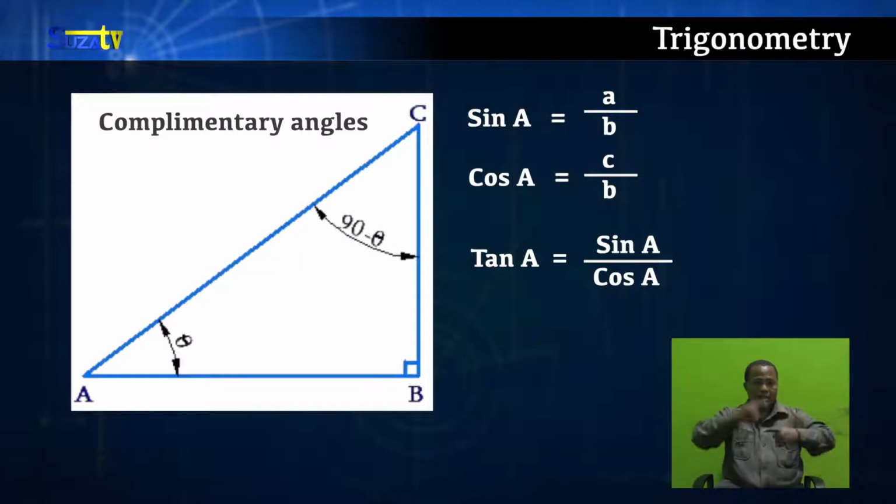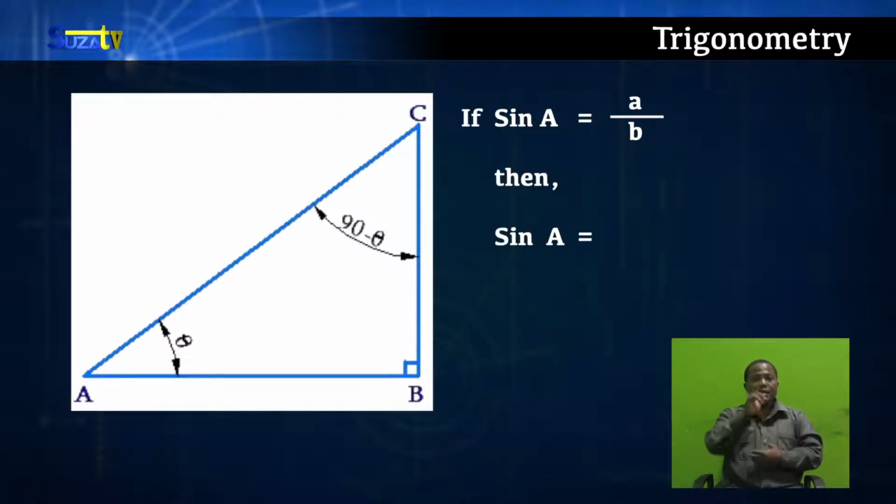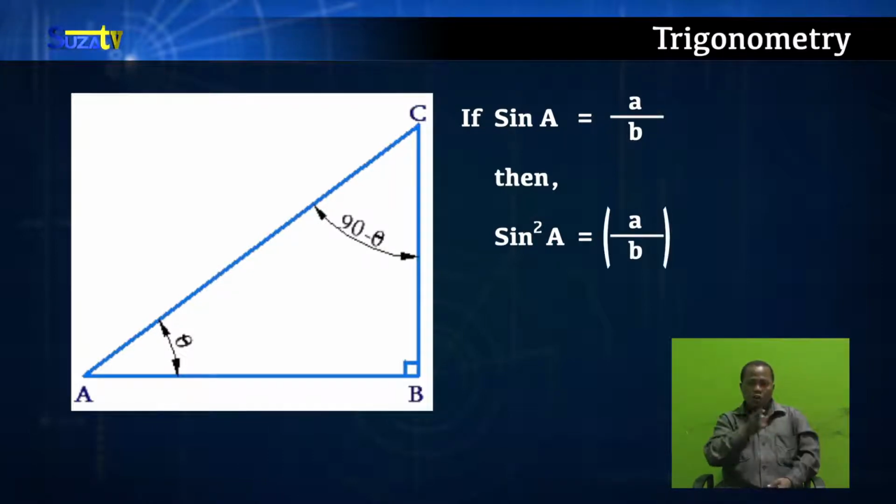Now let us continue. If sine A is equal to a over b, what about sine squared A? Yes, sine squared A is equal to a over b, the whole thing squared.